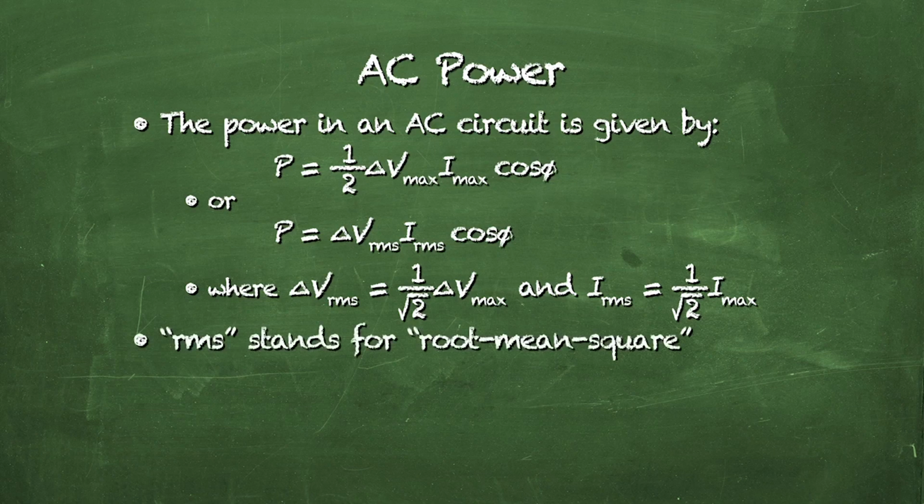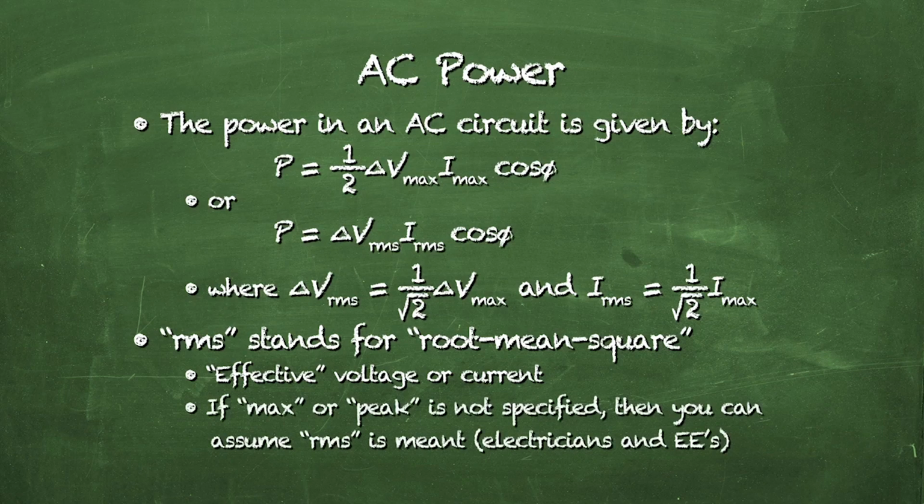RMS stands for root mean square, and it's the effective voltage or current. If max or peak is not specified when you're told what the alternating current or voltage is, then you can assume that RMS is meant.